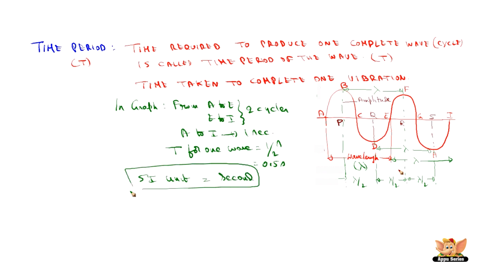Now let's see frequency. This is another parameter of the wave, represented by f. What is frequency? The time period is the time required to produce one complete wave, and the opposite of it is the number of complete waves produced in 1 second.